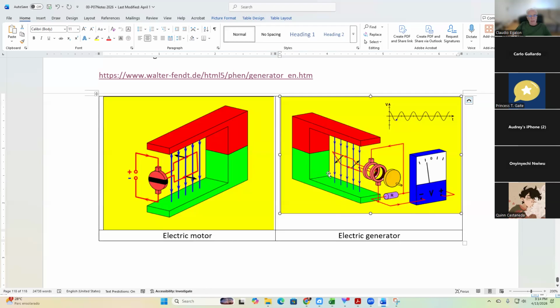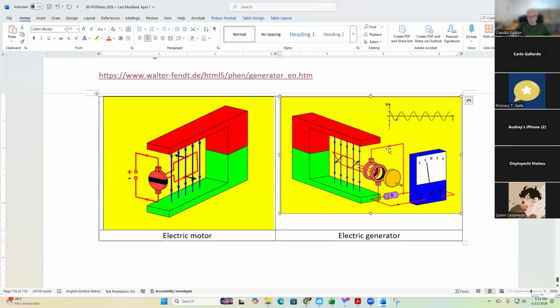Here is the opposite. Here we input mechanical motion. So do you see this handle here? This handle is for us to rotate it manually, right? And when we rotate this loop in the magnetic field, we induce a current in the circuit.